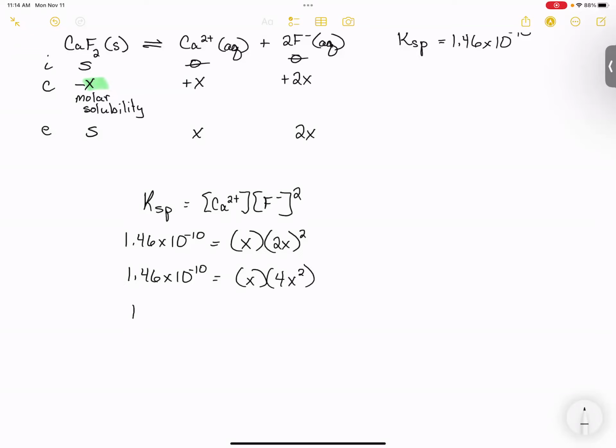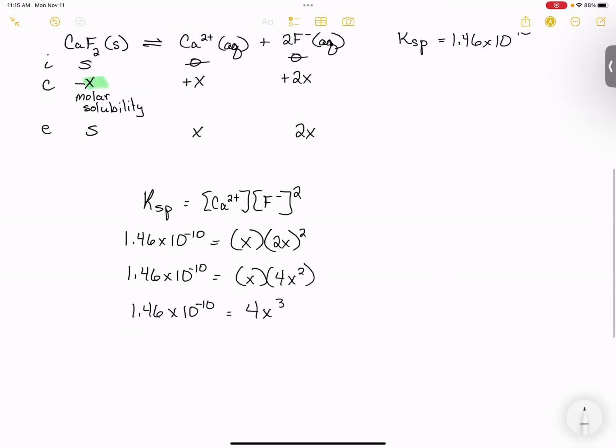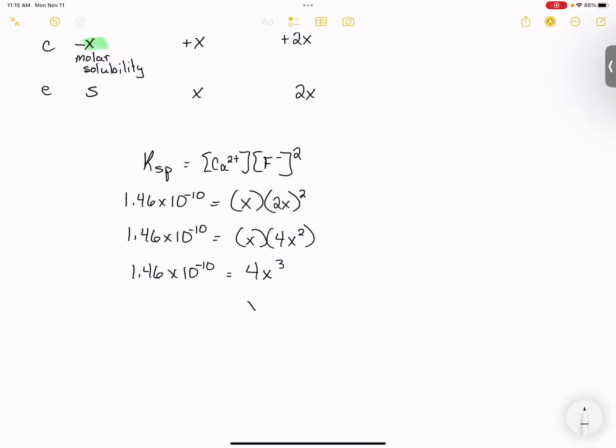Or in other words, 1.46 times 10 to the minus 10 is equal to 4x cubed. Now I'm going to let somebody key that into their calculator because for some reason I did not bring mine, and tell me what x is equal to.